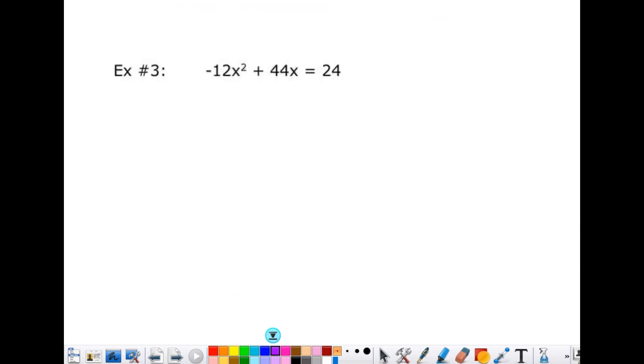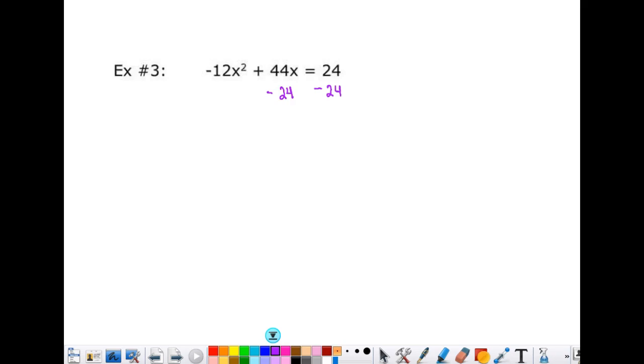Okay, number 3. What do you notice different about this parabola or this equation? It's not equal to 0. We have to set it equal to 0. We have to force it to be 0. So what do we do with this 24? Just move him back over there. He's like a cow that got through a broken part of the fence, and he jumped the fence.